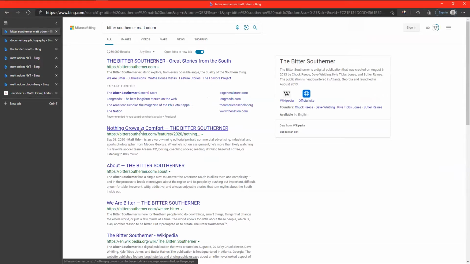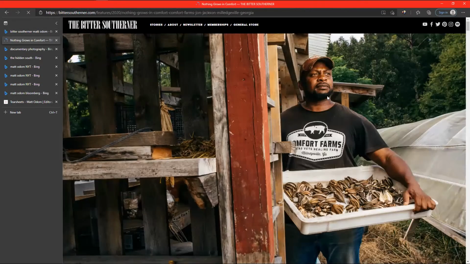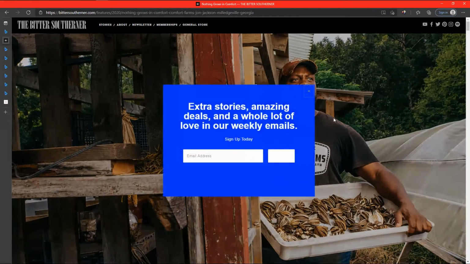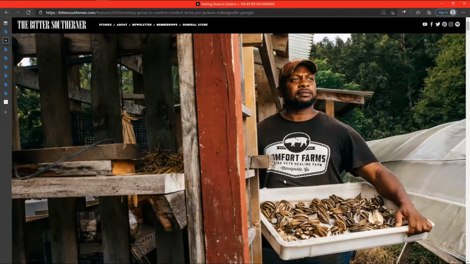And this is from an assignment from last year in 2020 that I did for the Bitter Southerner. Basically this was a photograph of John Jackson, who runs a farm here in Milledgeville, Georgia. I was able to go out and spend an entire morning with him out on the farm and photograph the things that he does.